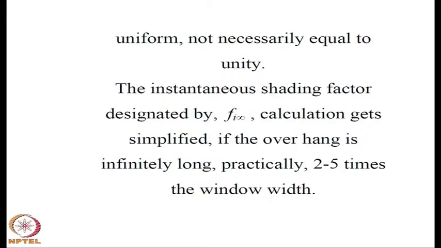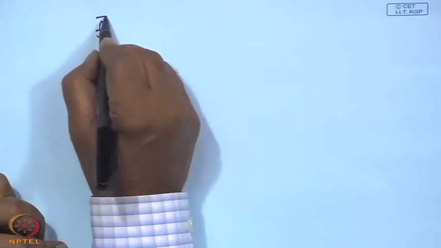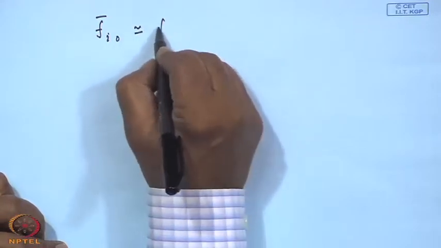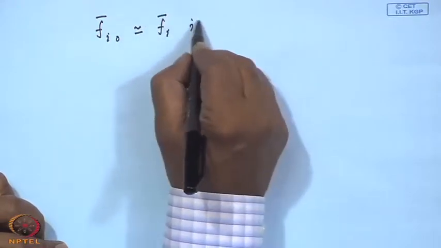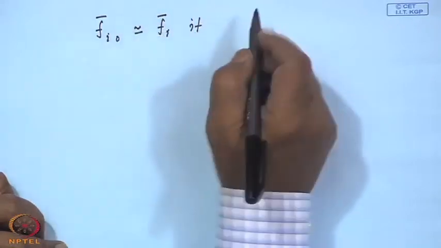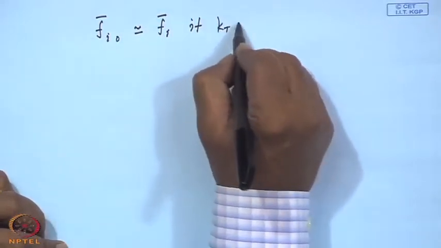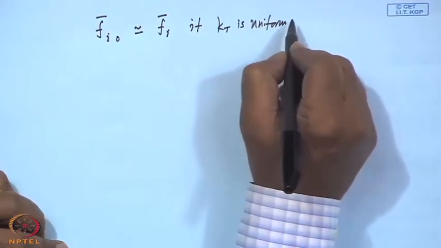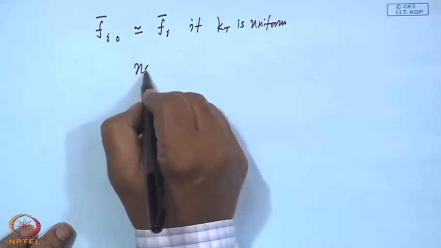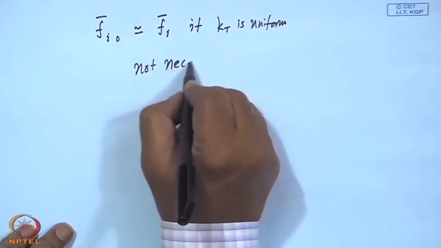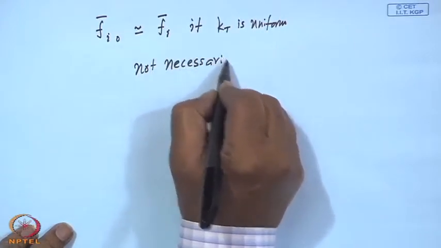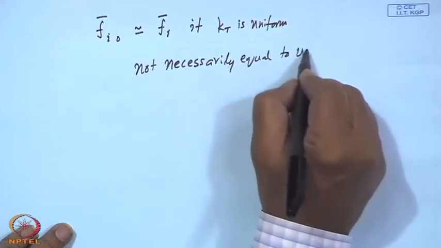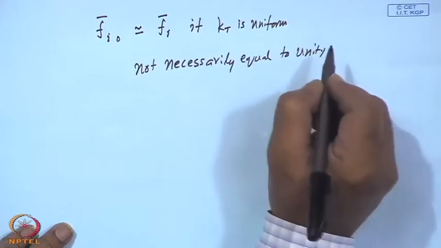So, this Fi bar 0 will be very close to Fi bar if Kt is uniform, not necessarily equal to unity. This we have proved in the case of Rb bar.